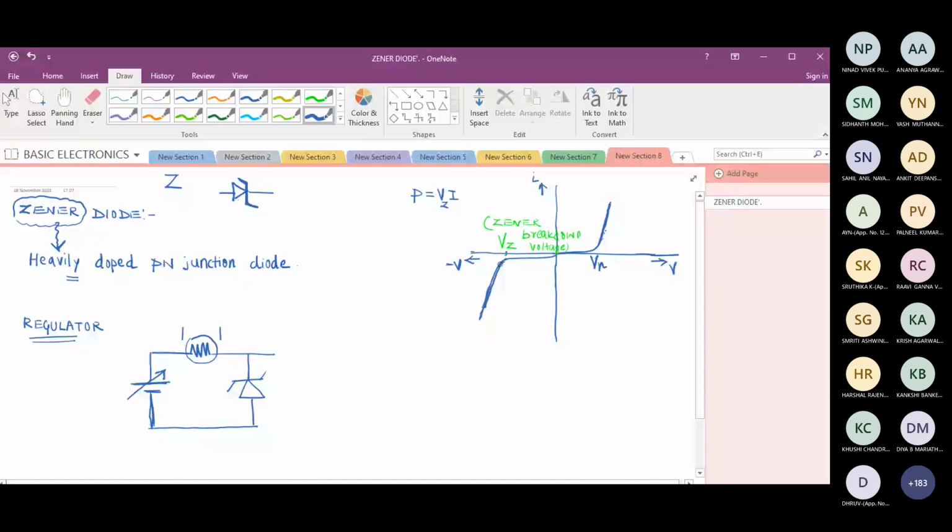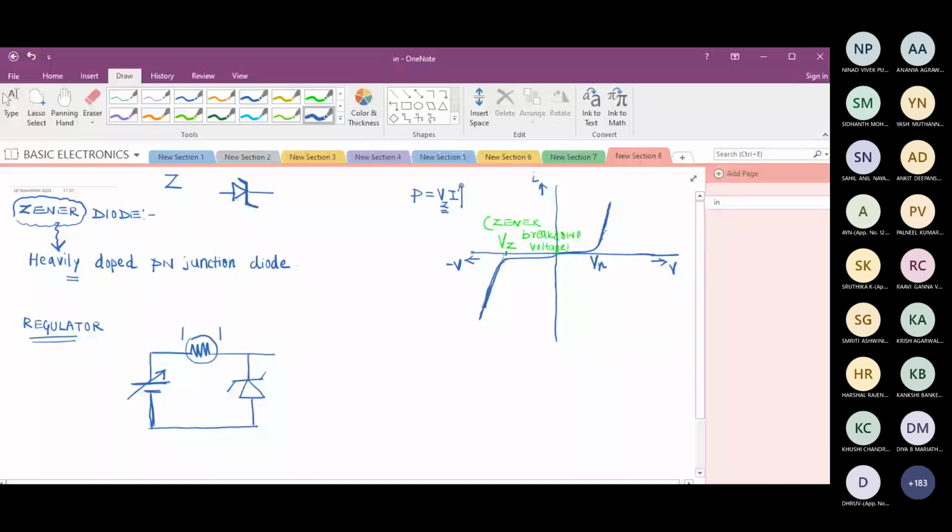If I extrapolate this characteristic, V is VZ, almost a constant value. What about the current I? Is it continuously rising? So I increases, V is VZ, power increases, and you're going to damage the diode.